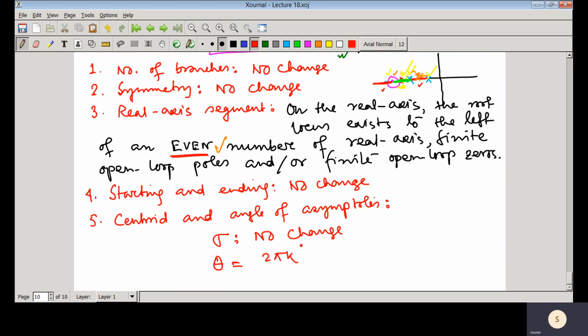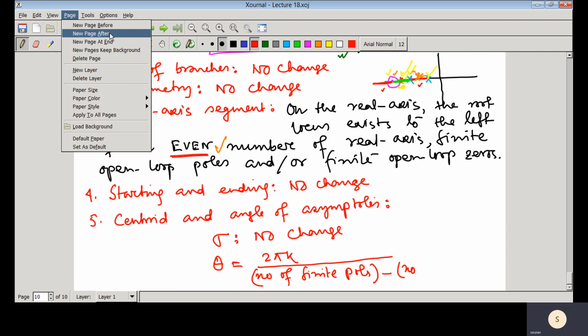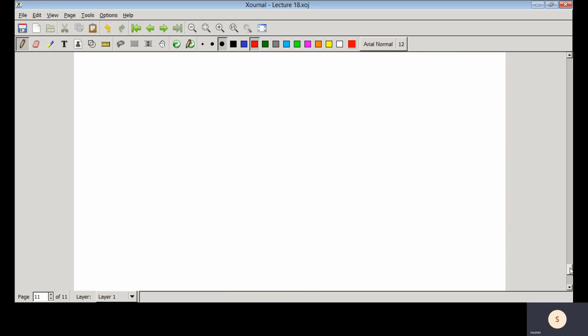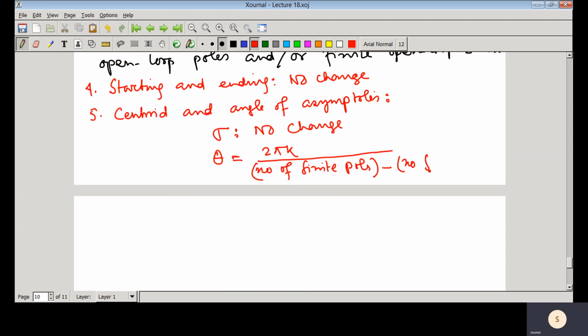So in place of 2k plus 1, it would be 2k, because in case of positive feedback that angle condition is changed, and here the number of finite poles minus the number of finite zeros.